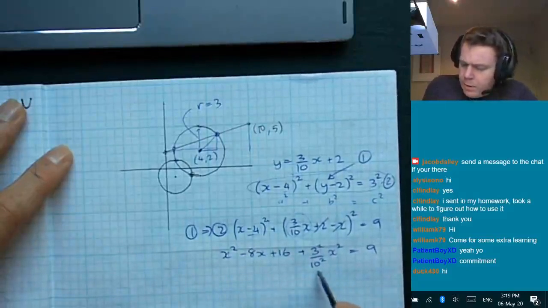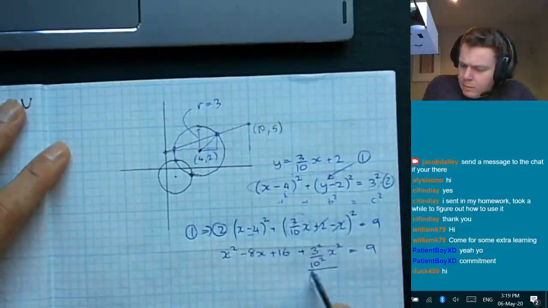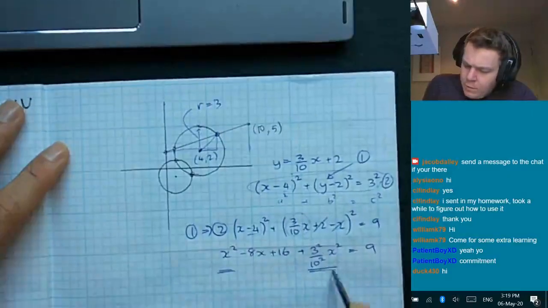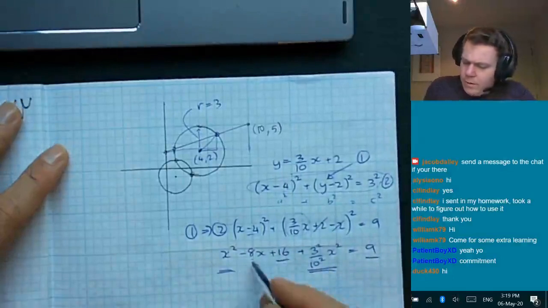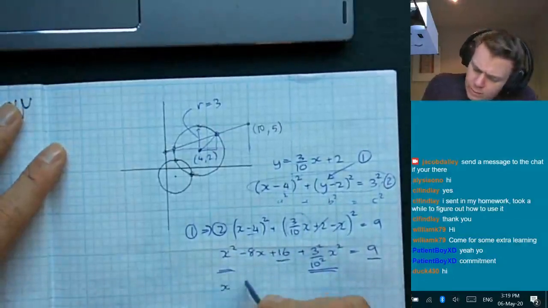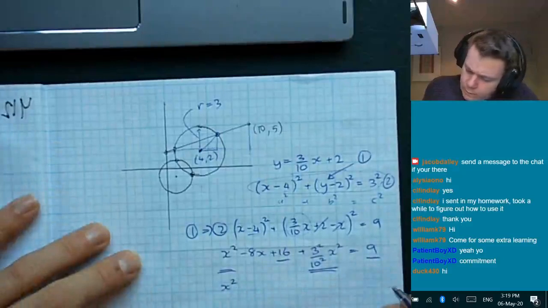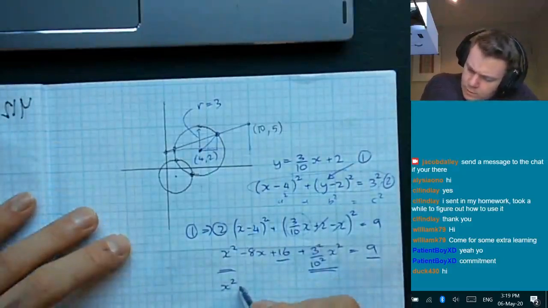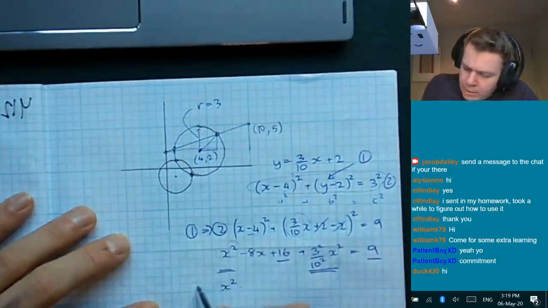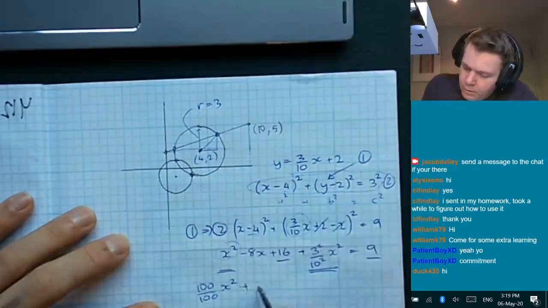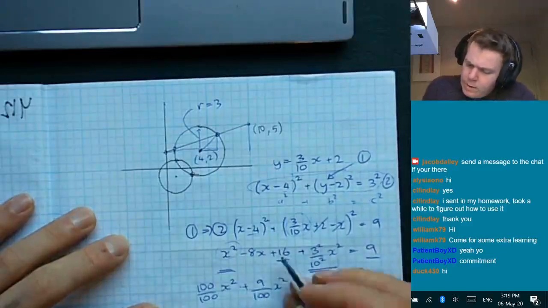The only like terms in this situation are x squared terms, and also our numbers. So we end up with x squared, and I'm going to change that to 100 over 100, because this is going to be 9 hundredths x squared.